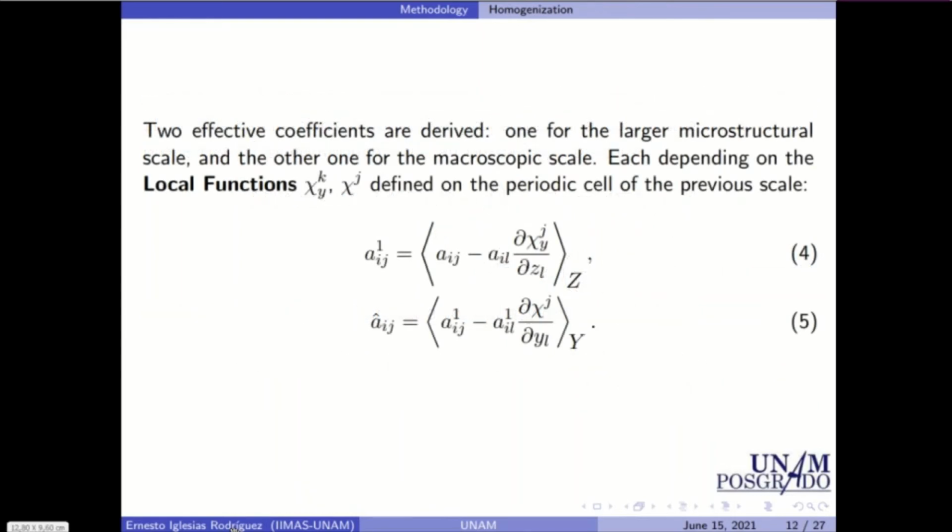In this manner, we can derive the effective coefficients, and in our case, as we have two scales, we are going to have two coefficients, one for the larger microstructural scale and the other one for the macroscopic scale. Each one will depend on a local function that is defined on the periodic cell of the previous scale.